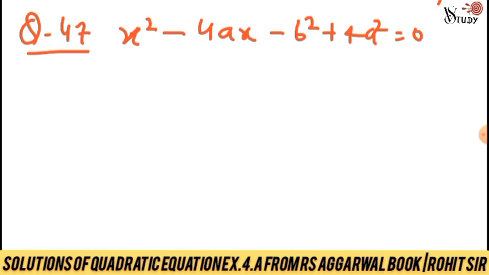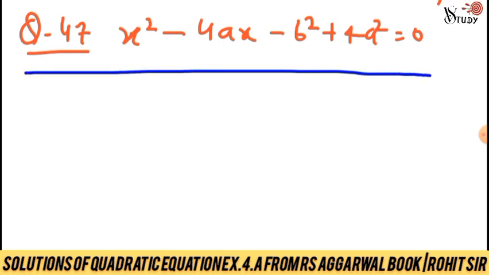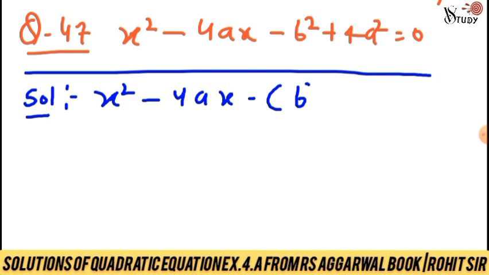Now what we can do, we have to factorize it. So how can we factorize this equation? We have to think on it. For that we have to prepare a basic strategy, and our basic strategy is that first we can write this equation as x square minus 4ax minus (b square minus 4a square) is equal to 0.